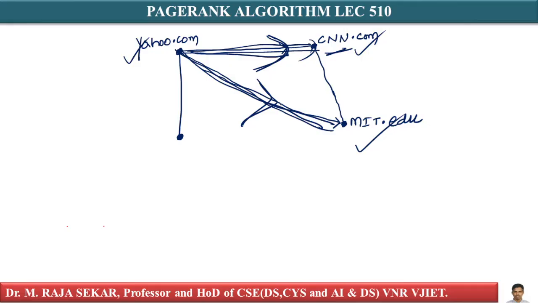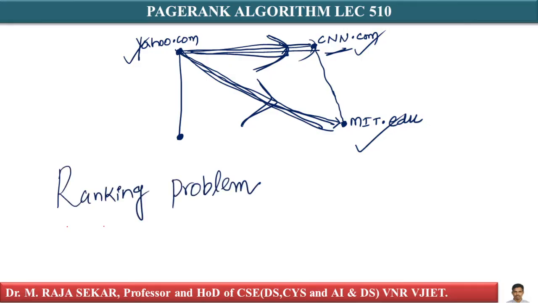Very interesting concept. So when you think of this as a graph, remember in Google search, one of the challenges that Sergey Brin and Larry Page were trying to solve is the ranking problem.